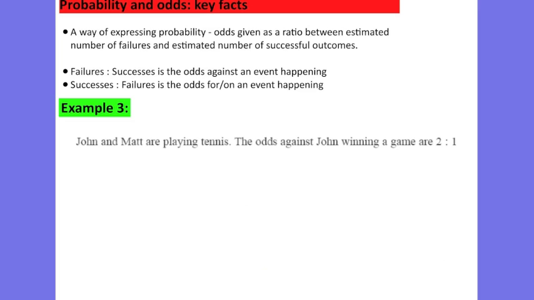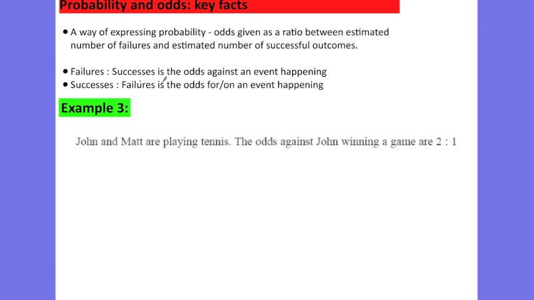If the ratio is against an event happening, the order will be failures to successes. If it's the odds for or on an event happening, the ratio will be in the reverse, successes to failures. So against something not happening, failures first, then successes. Something on or for happening, successes first, then failures.